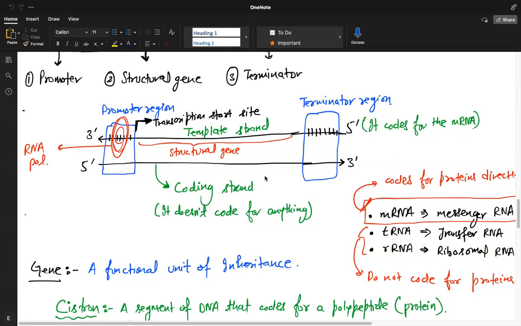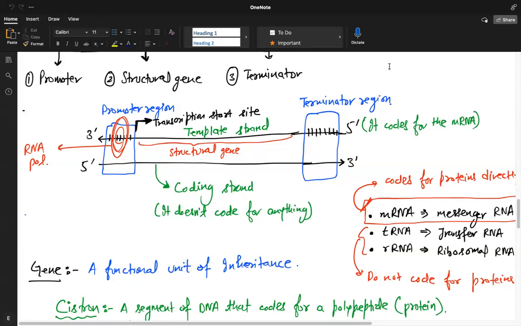So that is transcription. But later on, it was realized that there are more than one kind of RNA that can be produced through transcription. There can be mRNA, tRNA, rRNA. There are other forms of RNAs as well, which is beyond the scope of your syllabus at the moment.